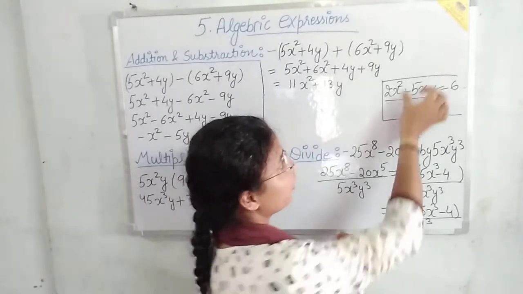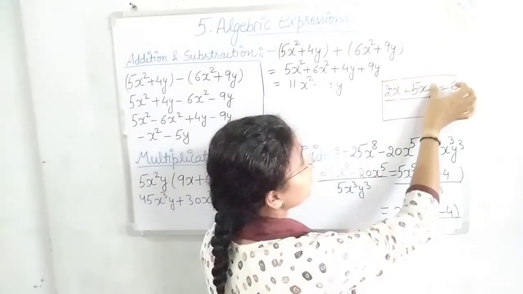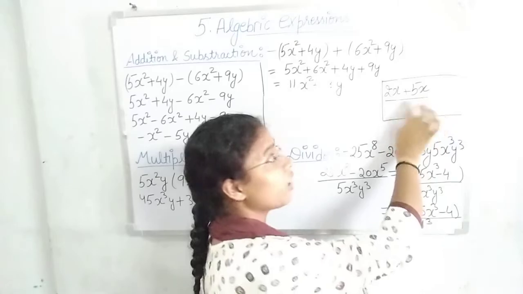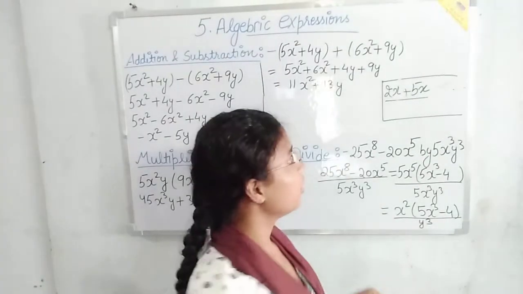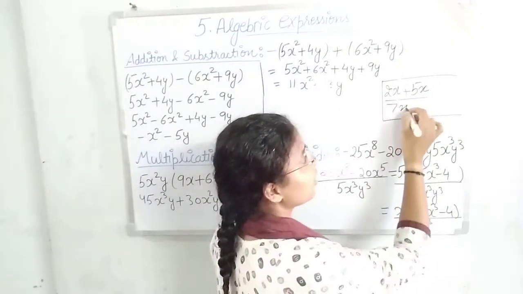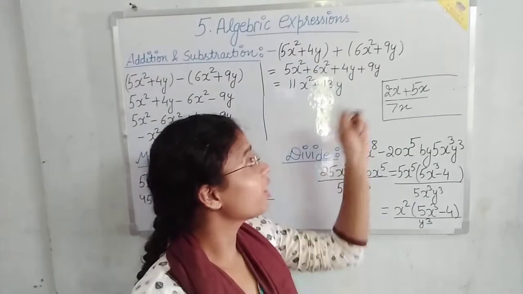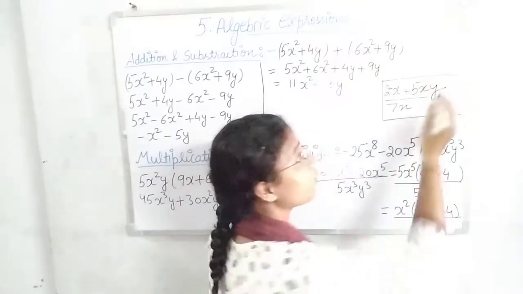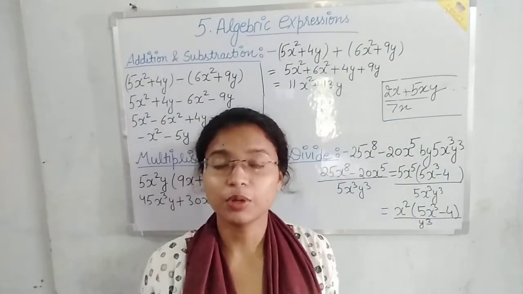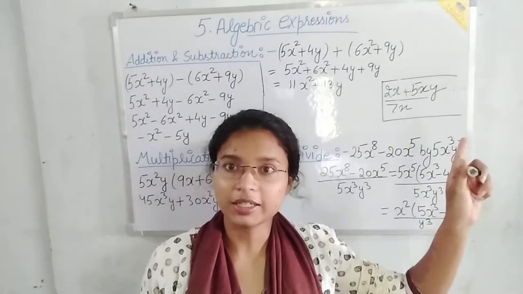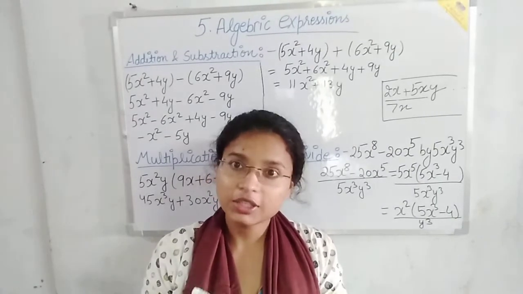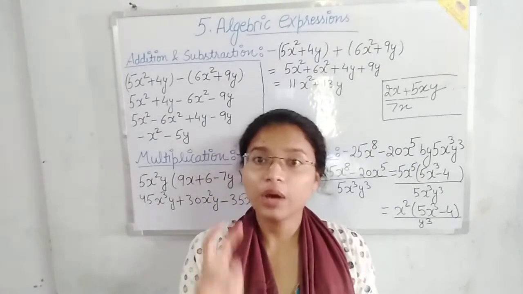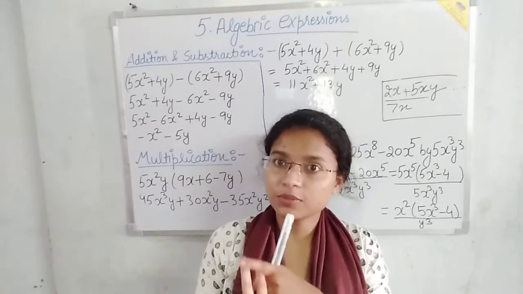Suppose if this is 2x and this is 5x, then you can easily add them and you will get 7x. But if here it is given 2x and here it is given 5xy, you cannot add them because both are the unlike terms. So for the addition and subtraction, you have to write the like terms together.